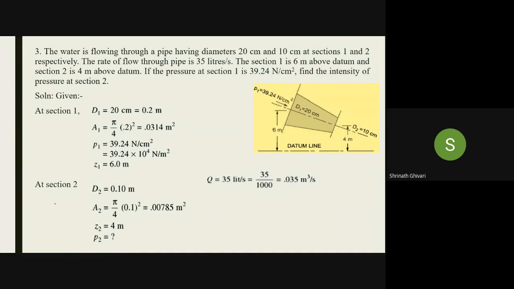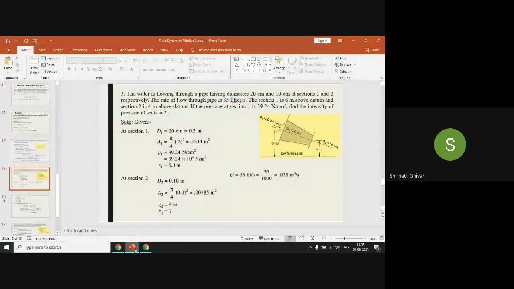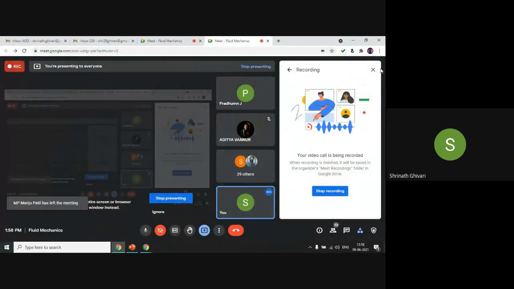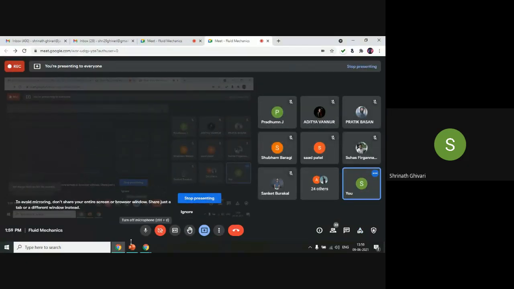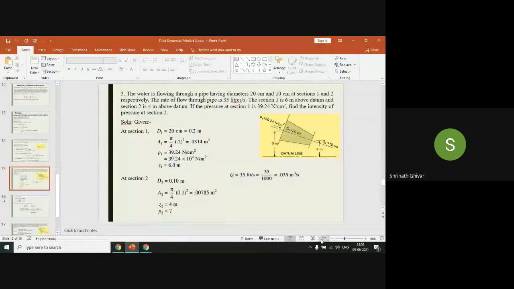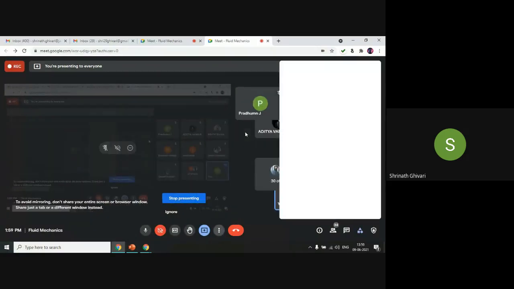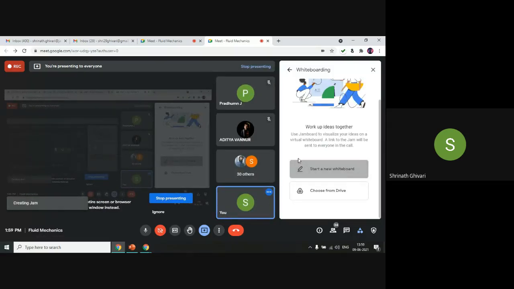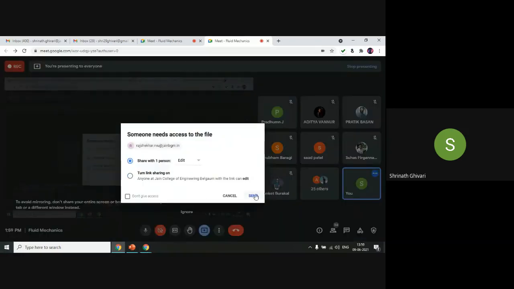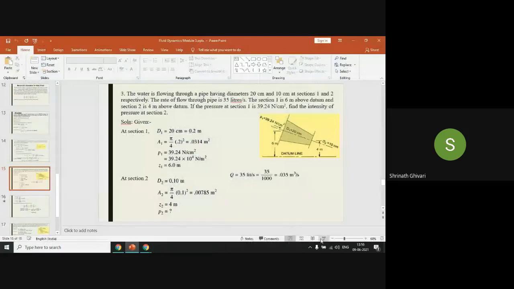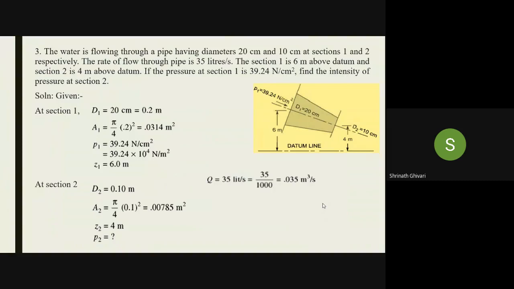Anyone? You read the question and tell me what all things are given in this. Even I have written the given, at least tell that.